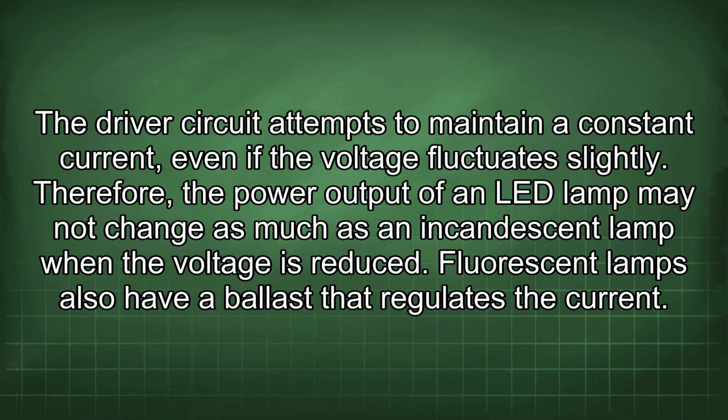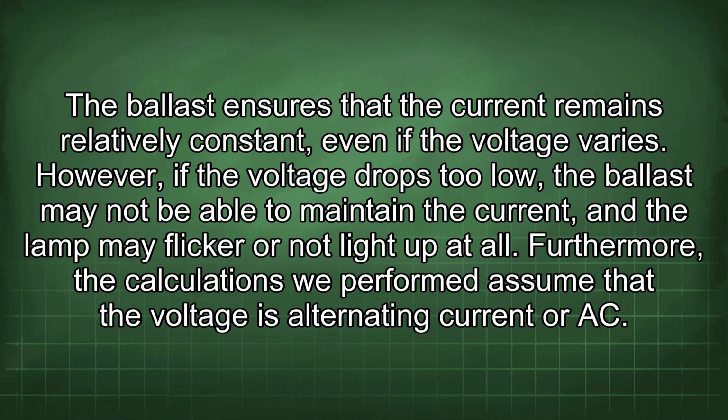The driver circuit attempts to maintain a constant current, even if the voltage fluctuates slightly. Therefore, the power output of an LED lamp may not change as much as an incandescent lamp when the voltage is reduced. Fluorescent lamps also have a ballast that regulates the current. The ballast ensures that the current remains relatively constant, even if the voltage varies.